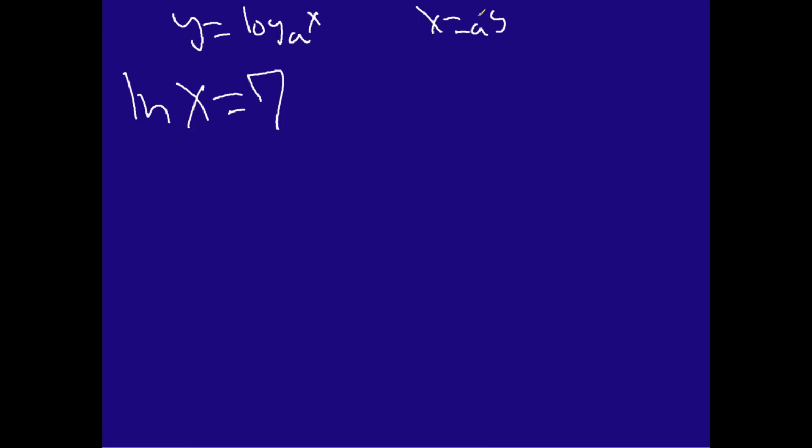Again, this is only for beginners. So what I would do first is I would rewrite this where it'd be log base e of x equals 7. Now, once it's written like this, I can follow my patterns here at the top. Again, this is only until you start to get comfortable with how to do this.